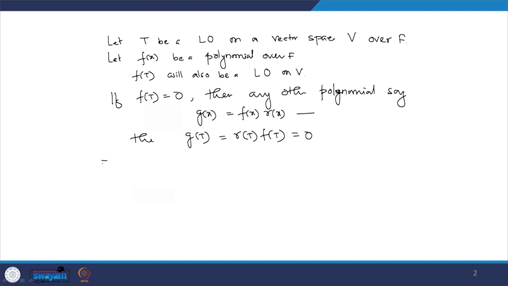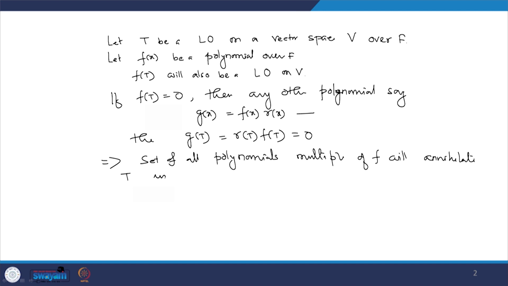So, this implies the set of all polynomial multiples of f will annihilate T, in the sense that f of T is equal to 0.